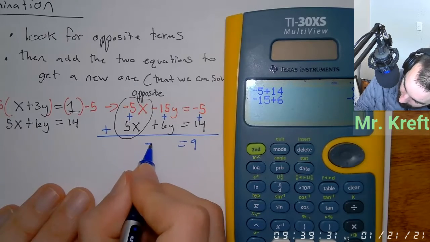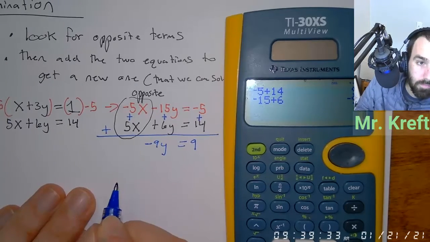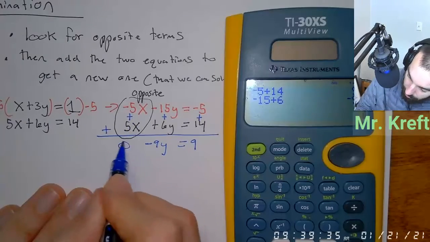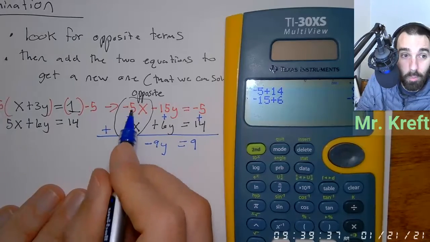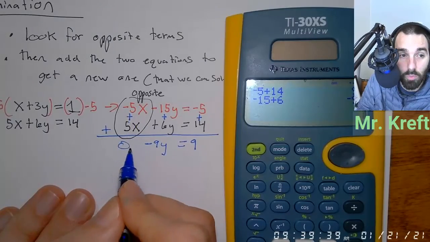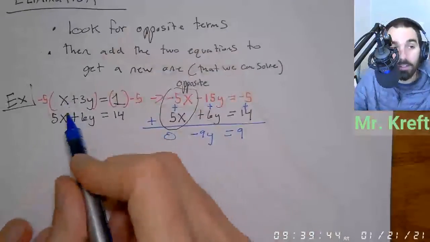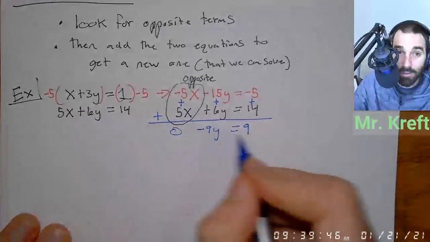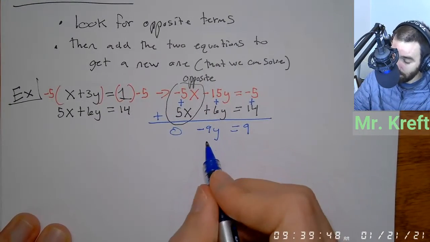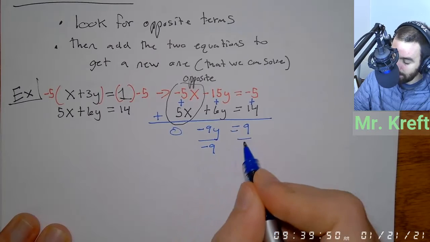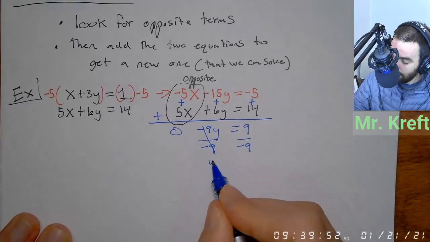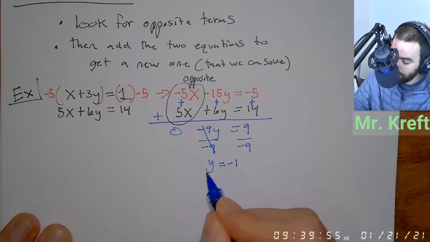So that's going to be negative 9y. And then these go to 0. Right? That's the whole point of the opposite. When we add opposites, we get 0. So we did a little bit extra work here, but now this is really easy to solve. I divide both sides by negative 9, and I get y equals negative 1.